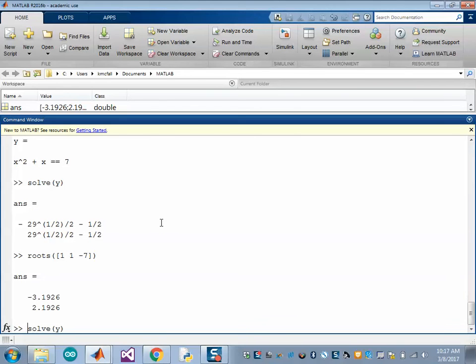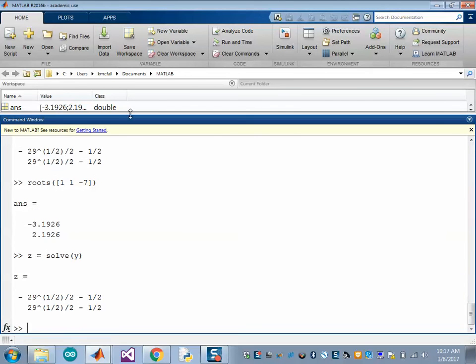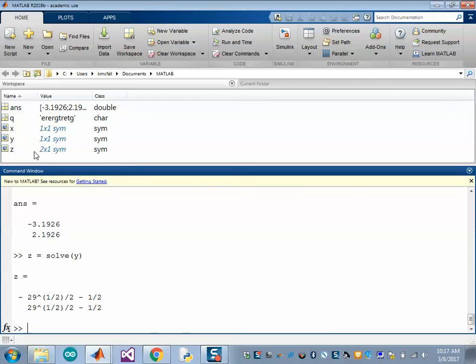a symbolic expression. If I say z equals that, and look at what z is, z is a 2-by-1 sym. It has two rows and one column. So this is actually a symbolic expression. It's not a number. If I wanted to convert a symbolic expression like that into a number, I would need to convert z into a double, which is a different data type.